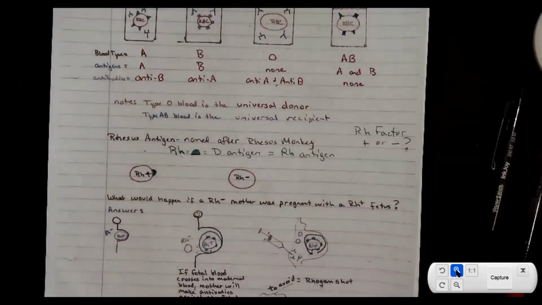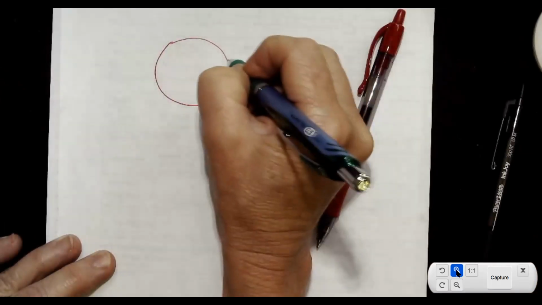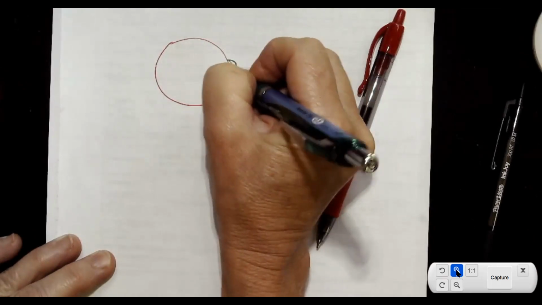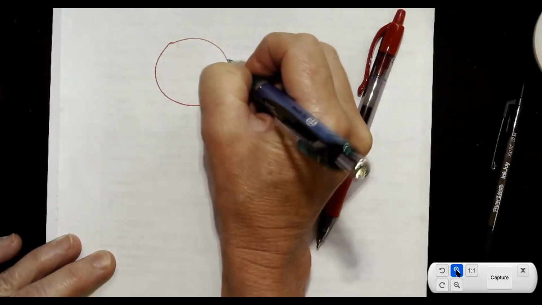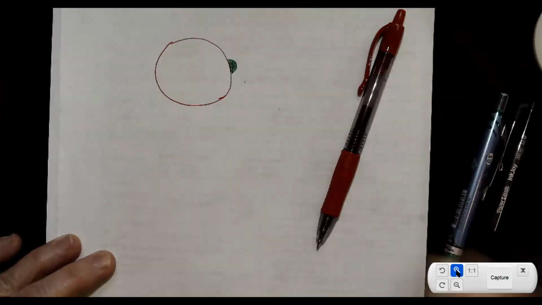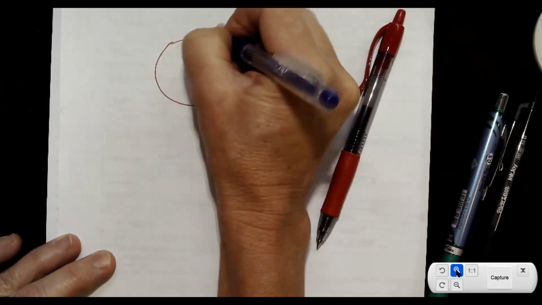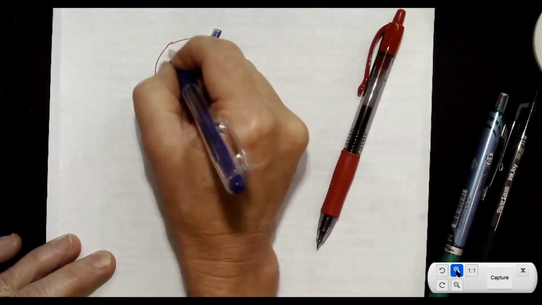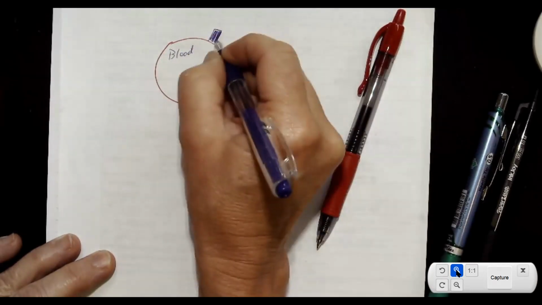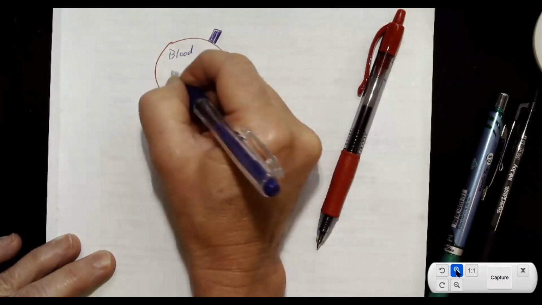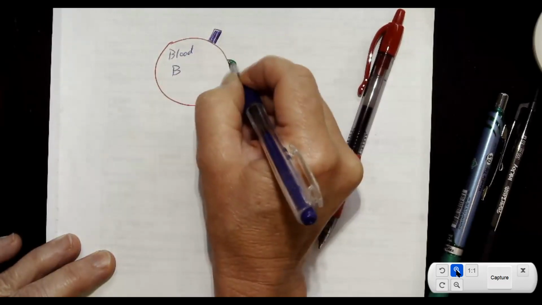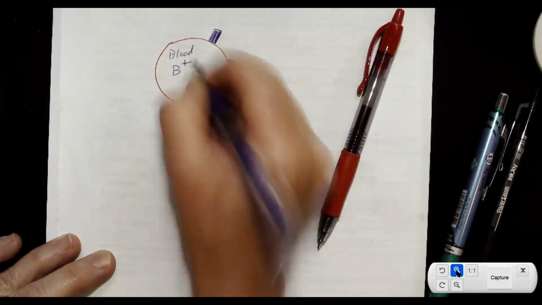So let's look at this for a minute. So here's a cell. It has a dome-shaped antigen on it. Okay. And it happens to have also a block on it. So from what you've learned, if I ask you the blood type of this, it is blood type B, has the RH factor on it, so it's B positive.